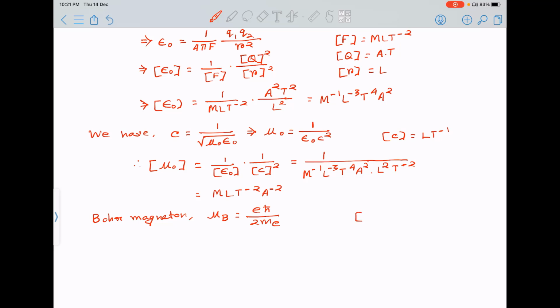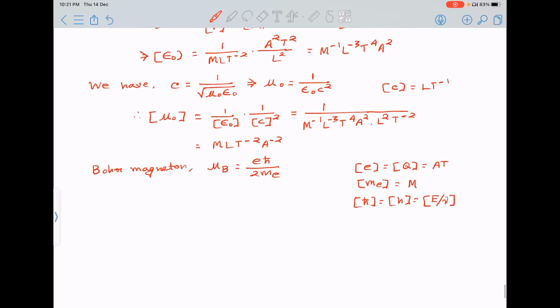So the dimension of e is simply the dimension of charge, or Q, which is A T. Now the dimension of m e is simply the dimension of mass, that is M, and the dimension of h cross is simply the dimension of h, and h can be reduced as E by nu.